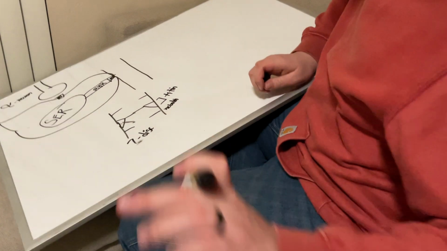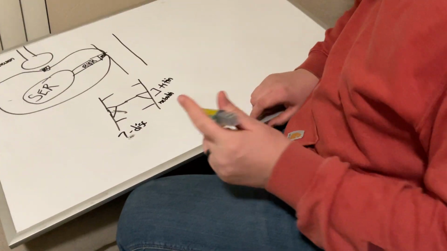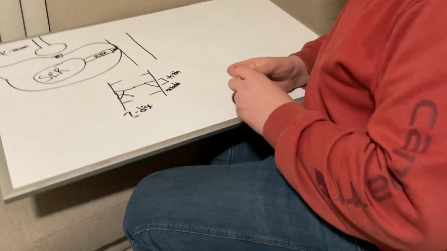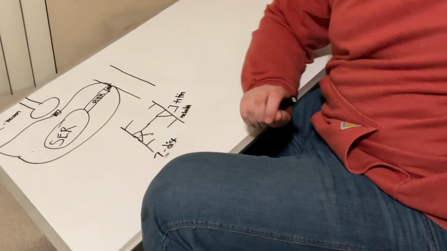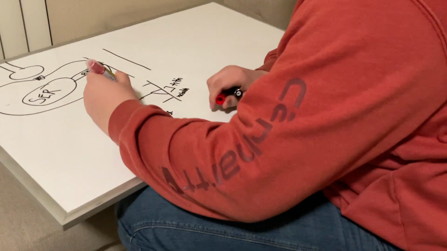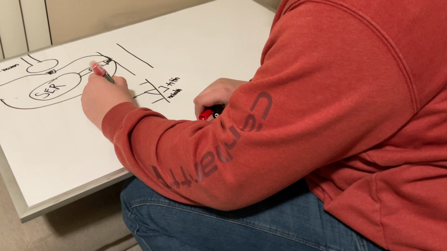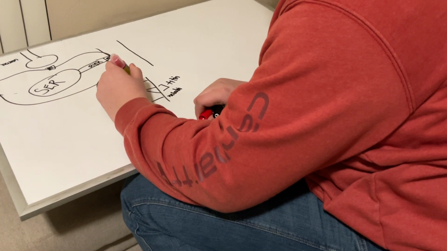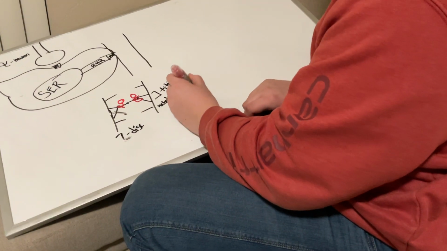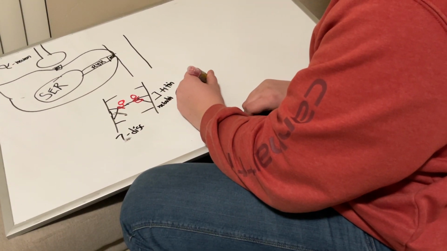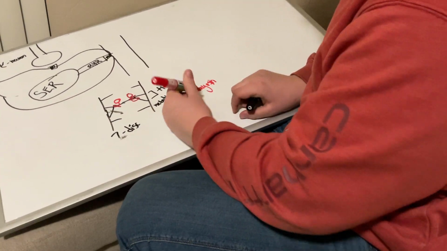So along titin, we have our myosin light and heavy chains. In red here we have myosin, which has two parts to it. The head has a tail.